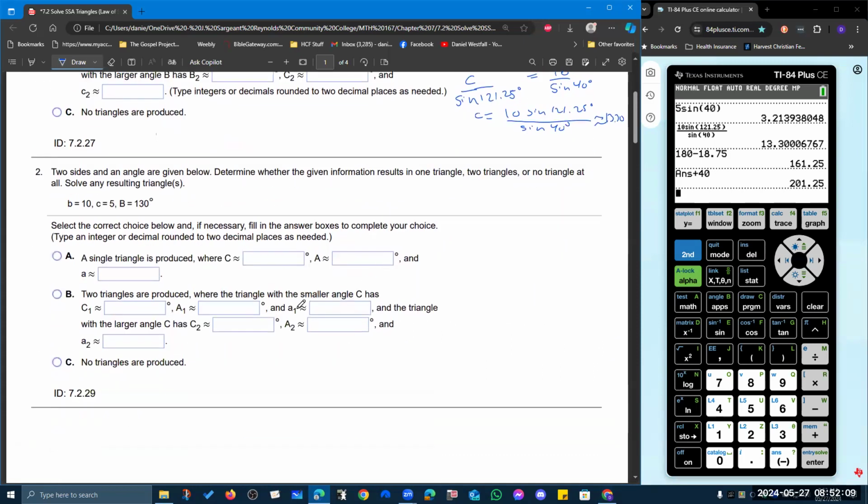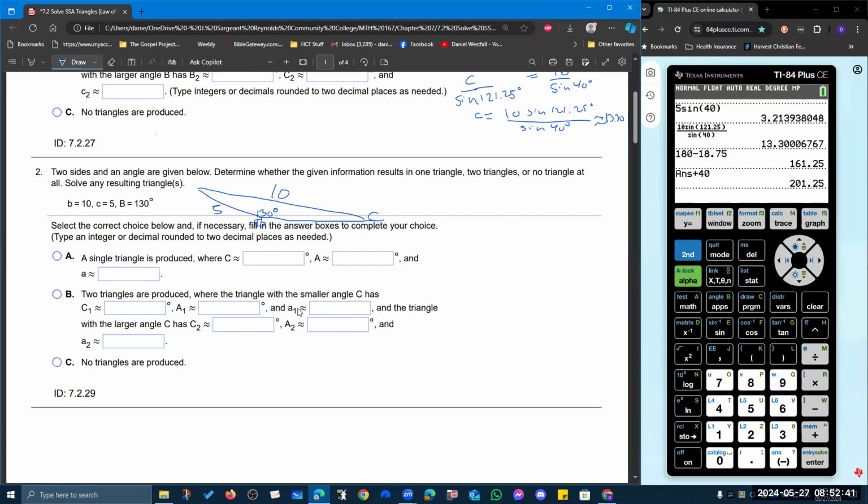All right, let's look at this next example here. We have angle B, which is big, down here in this corner, is 130 degrees, and side B right across from it is 10, and the other side C is given to us as 5.